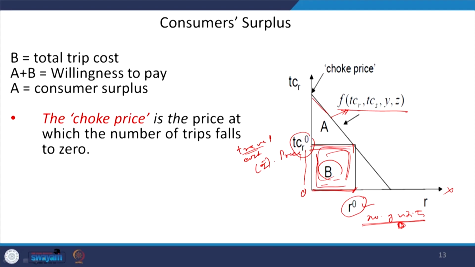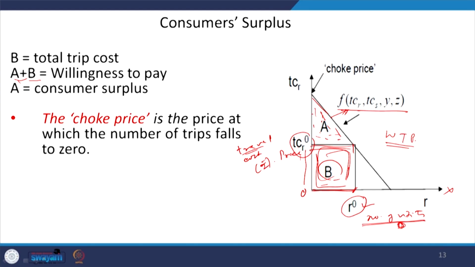This area plus this A area, right, for visiting the same R0 times to this particular place. So, his willingness to pay would be this area A plus B. This is nothing but what we call willingness to pay in order to recreate at that particular site.